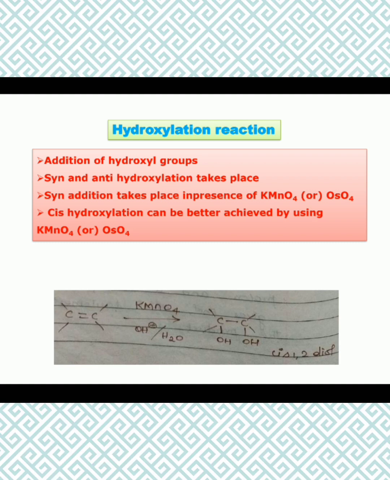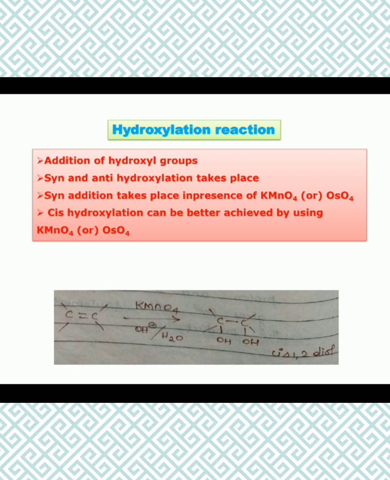There are two types. Number one is syn hydroxylation reaction. Another one, number two, anti-hydroxylation reaction. Syn hydroxylation reaction means addition of two hydroxyl groups added to the carbon-carbon double bond on the same side.